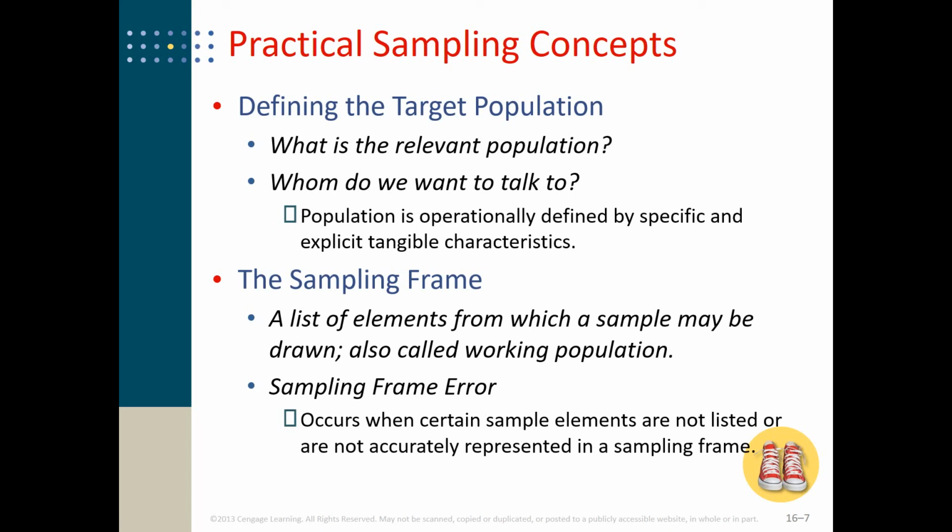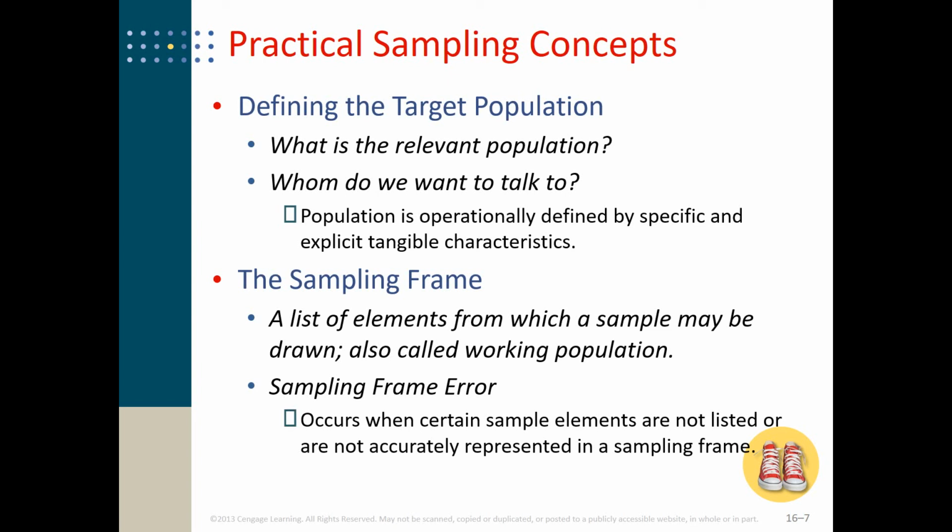For example, if you say that your target population is university students, then how will you actually select some university students? Now, you might be using a list of email IDs, or a list of student IDs. This list of email IDs or list of student IDs, that's a sampling frame.